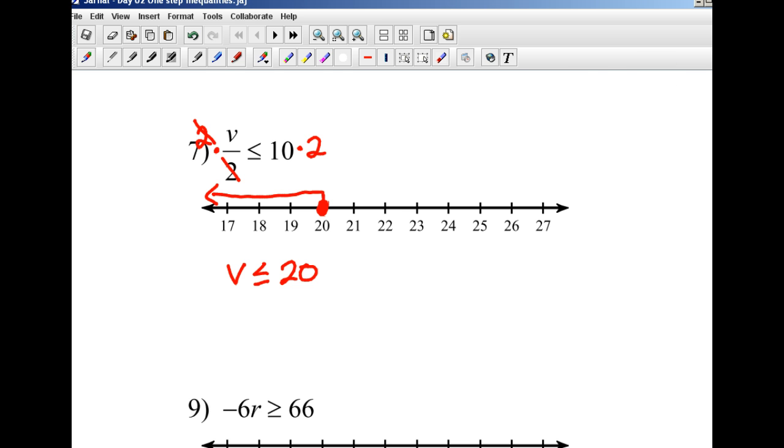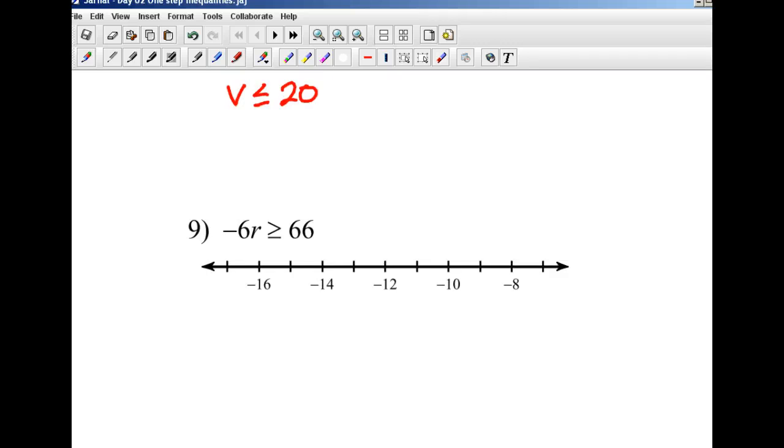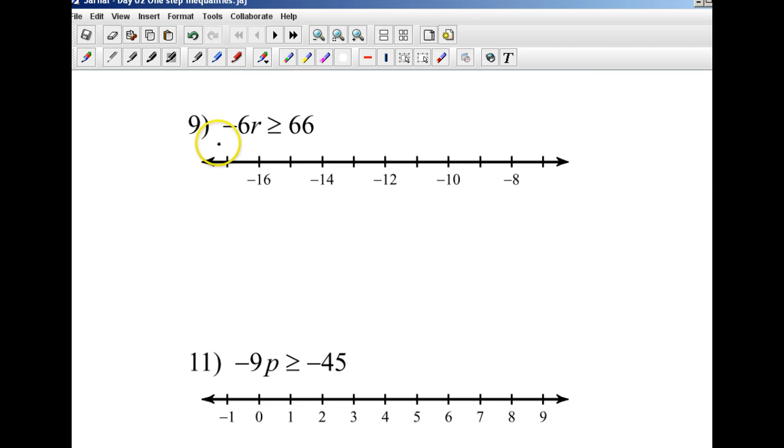I will throw out one more rule, and that is when you divide by a negative, and I'll show you the reasoning for this tomorrow, you have to switch the inequality sign. Anytime you divide by a negative, so negative on both sides, switch the sign.